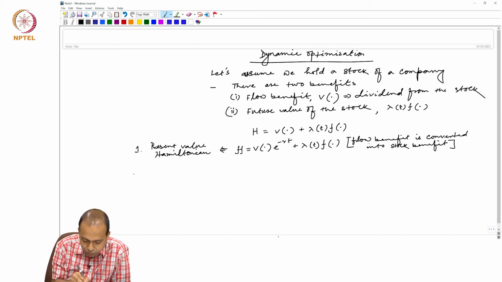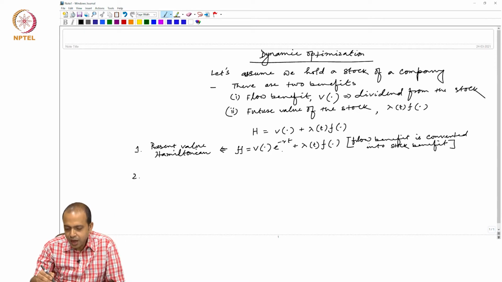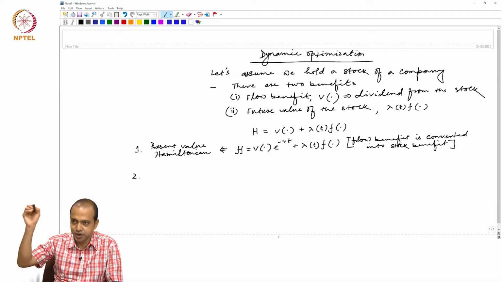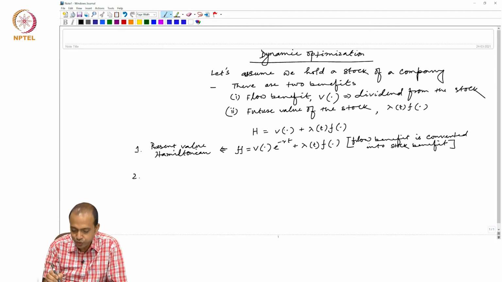Similarly, let us say I want to convert this future benefit, which would be realized at one point of time, into a stream, into a flow. What we need to do then is keep v as it is, and multiply this with e to the power r t into f dot.